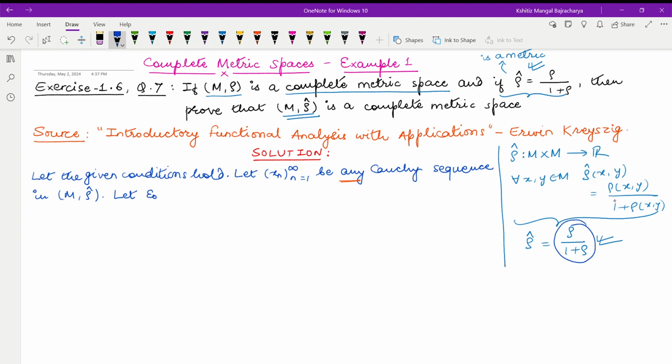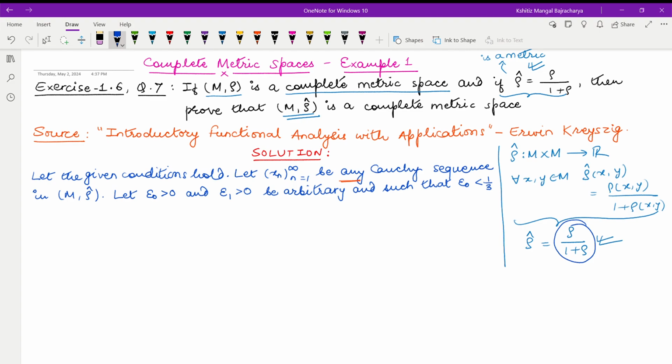Let epsilon naught and epsilon 1 be arbitrary positive numbers such that epsilon naught is less than 1 over 3. You can take any number less than 1 for this purpose.